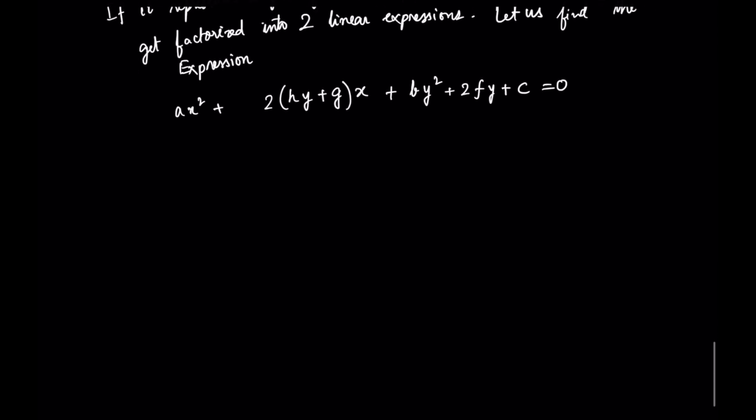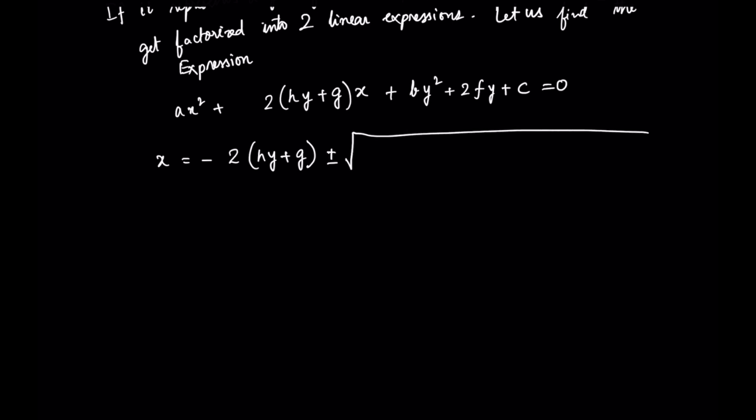So now let's apply Sridhar-Acharya formula and find x. So x is equal to minus b, so minus 2 into hy plus g, minus b plus minus root over b square.